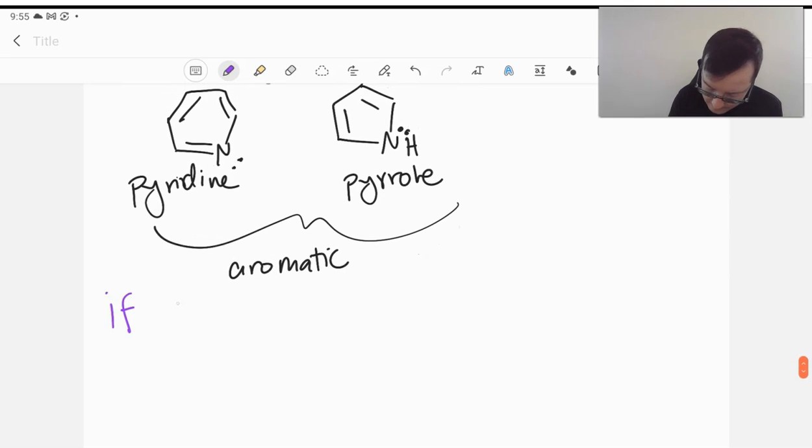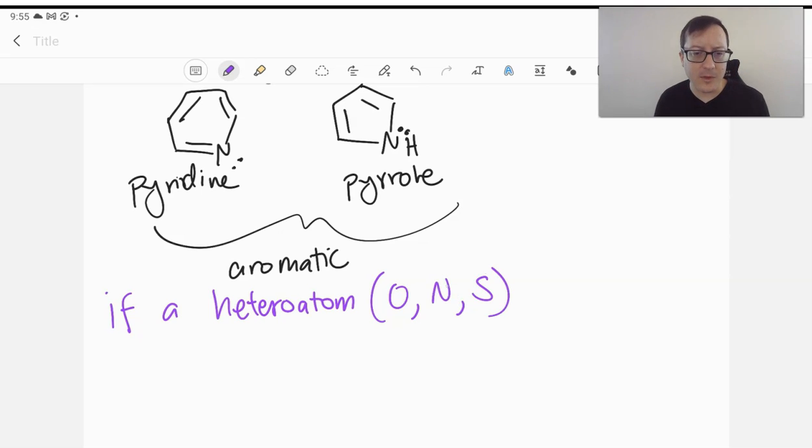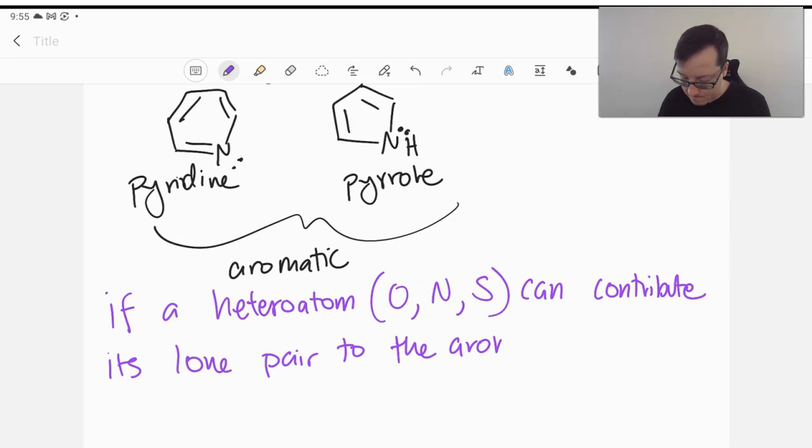So if a heteroatom, usually oxygen, nitrogen, or sulfur, those are probably the most common ones you see in cyclic compounds, can contribute its lone pair to the aromaticity of a compound it will.